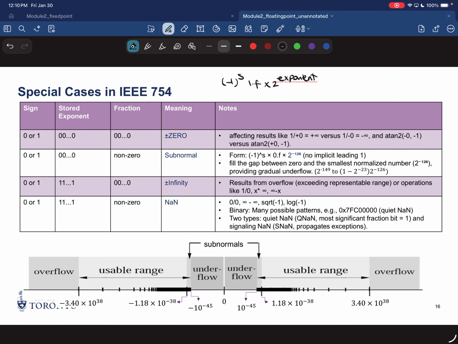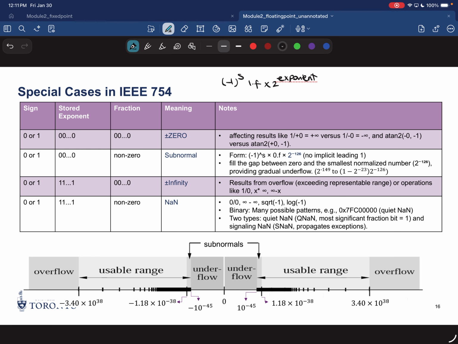Here, for the exponent we have to be careful, because we have a stored exponent, and then we have what the actual one is, okay?